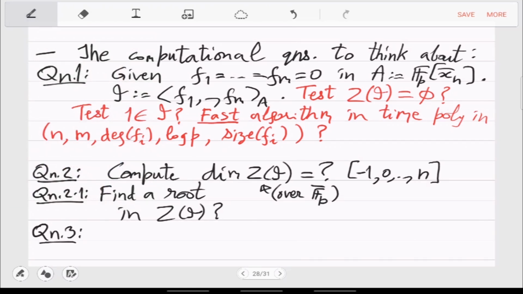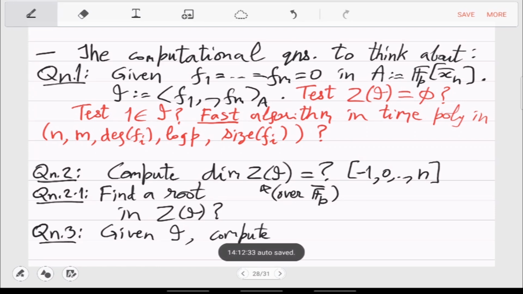What else did we do? Yeah, so we defined radical. If I give you an ideal, how fast can you compute the radical of that ideal as a generating set? If I was given the generator set f1 to fm, then obviously f1 to fm will still be in the radical, but there may be new polynomials which were not there before.